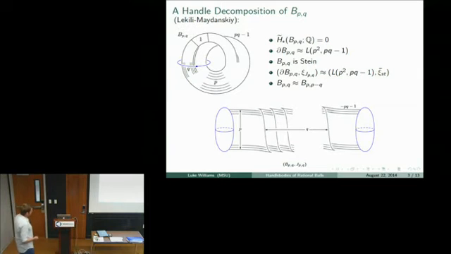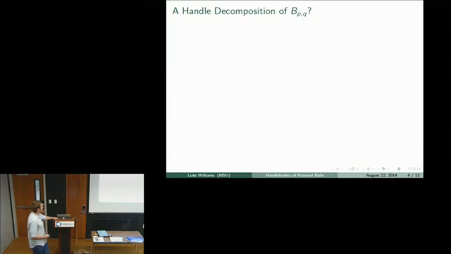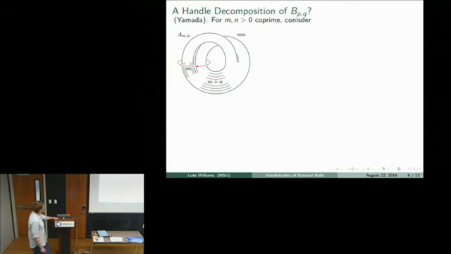Okay. So that's great. This seems to answer the question, but previous to this, there's another paper of Yamada's that introduces a rational ball bounding the lens space. And so Yamada's construction is as follows. If we pick two integers m and n, again coprime and positive, this time we don't care whether one's larger than the other.